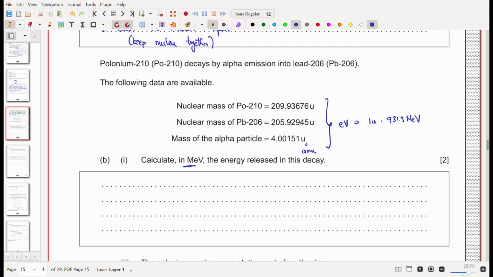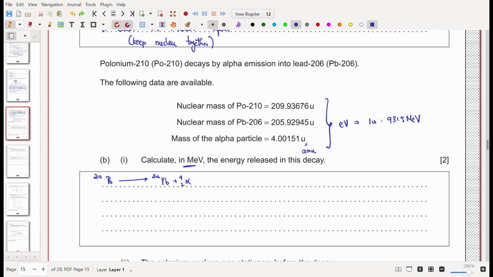Since we're looking at the energy released in the decay, let's go ahead and write it out first. So we have polonium 210 decays into lead 206 plus an alpha particle, which is helium 4 2. Now, with this in mind, we can simply take the energy in the reactants and the energy in the products, subtract them from each other, and find the energy released.